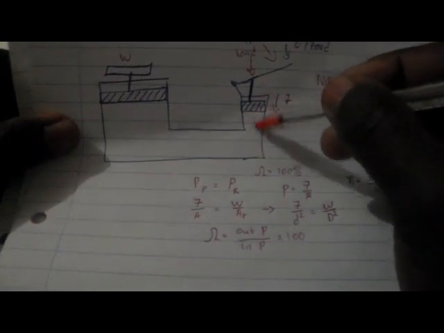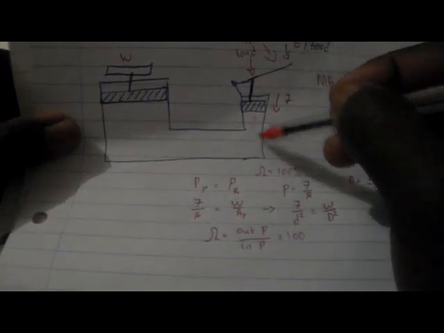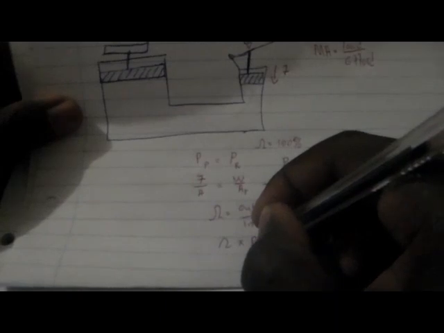The output pressure will be the pressure on the ram, and the input pressure will be the pressure on the plunger side. You can cross multiply here and say the efficiency multiplied by the pressure of the plunger, let me say PL, is equal to the pressure of the ram, if we have an efficiency.